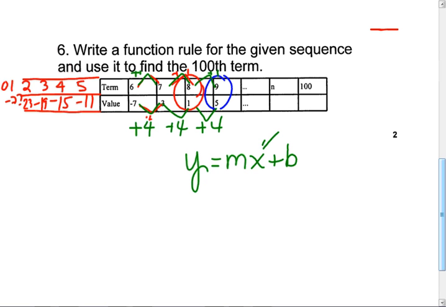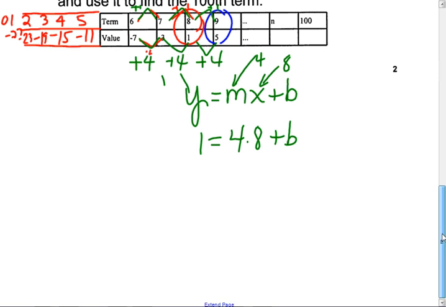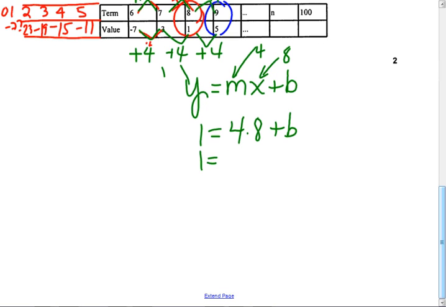Okay, so this is going to be 8. The slope is 4, and y is 1. So 1 equals 4 times 8 plus b. So 1 equals 32 plus b. And subtracting 32 from both sides, b is equal to -31.